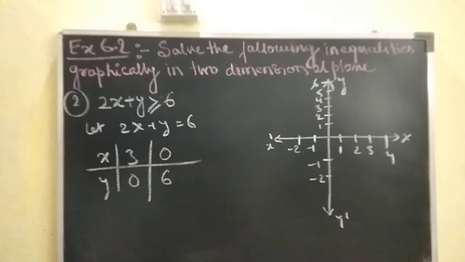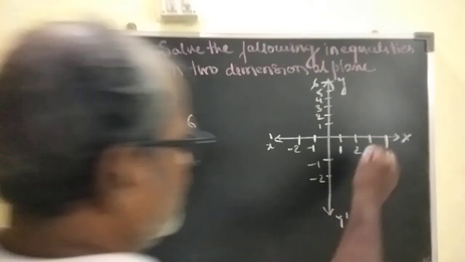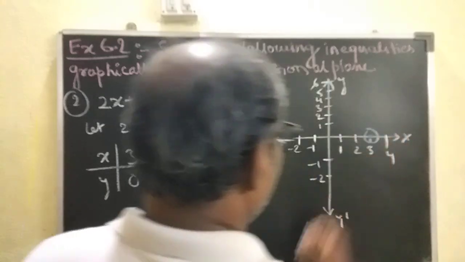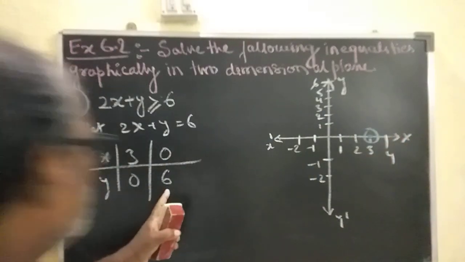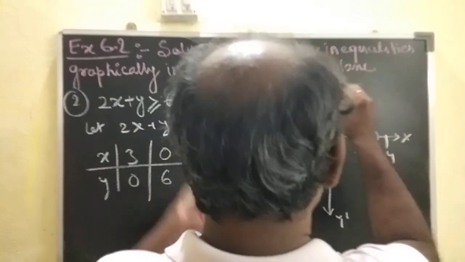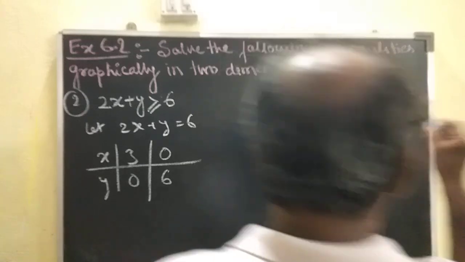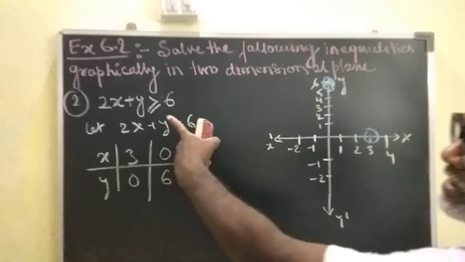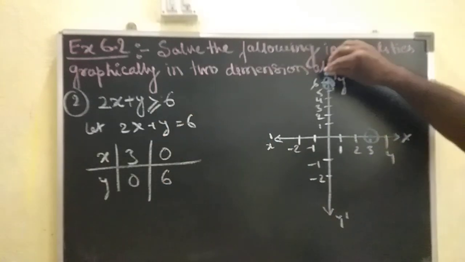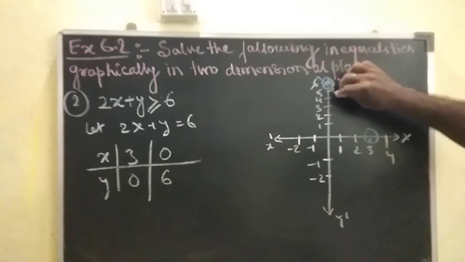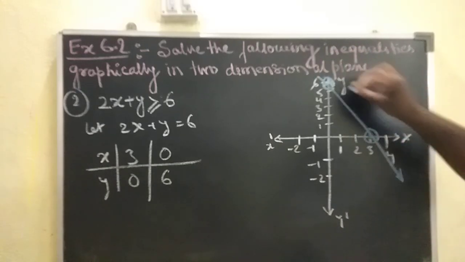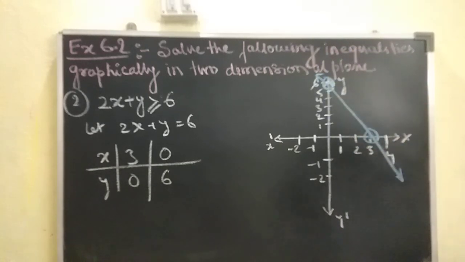So these 2 points we are going to take. X equals to 3, 0 is one of the points. Another one is 0 and 6. We have 0 and 6 at this point. So now joining these points, since here it is equal to, we will draw a straight line passing this way. No dotted lines, just like before.